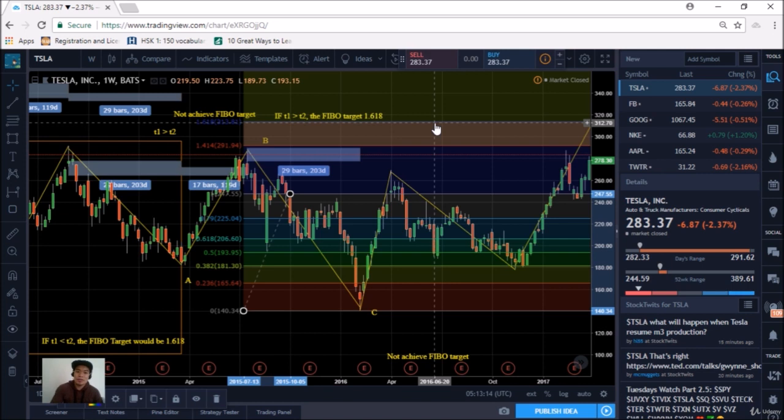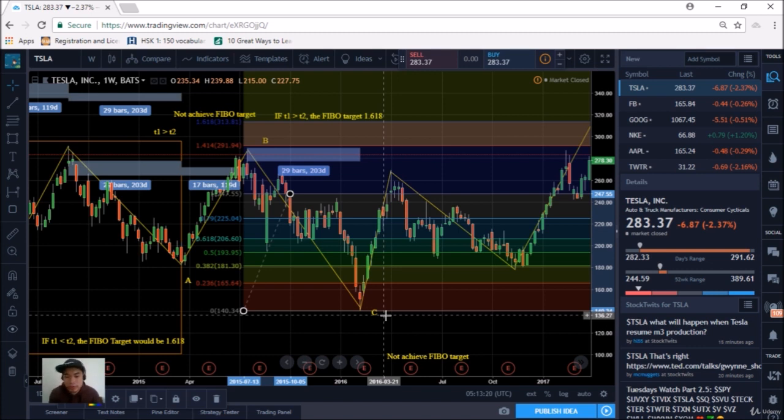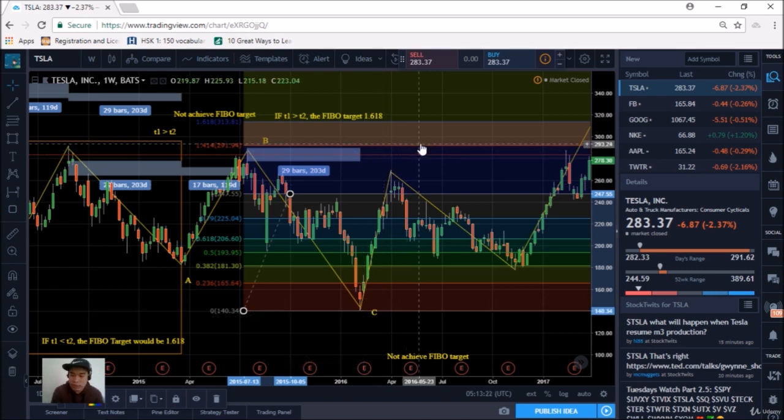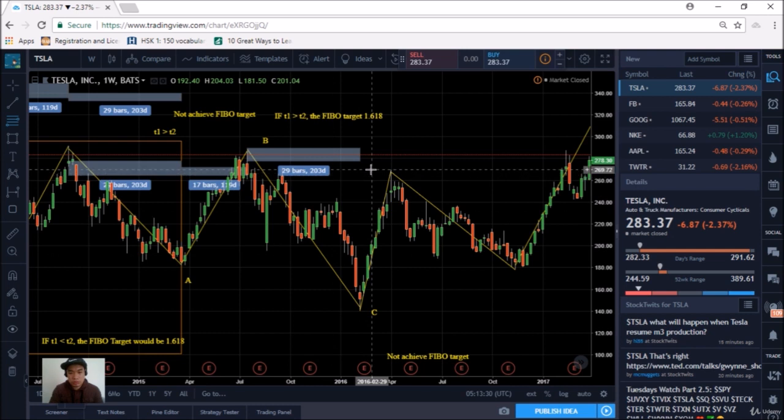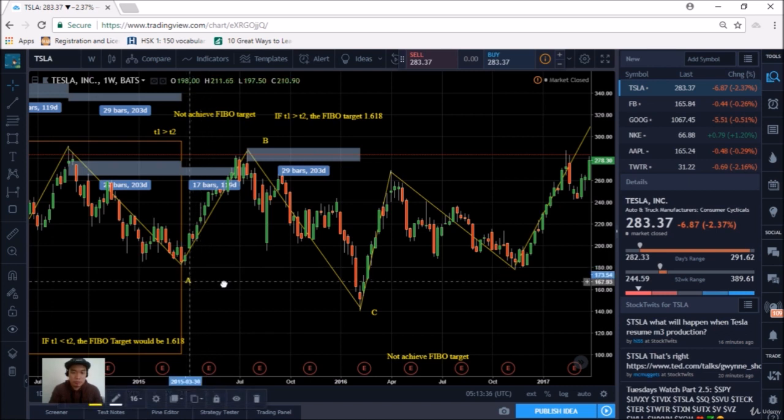Now, previously the target was not achieved downwards, and now the target is not achieved upward. Subsequently, let me finish this.